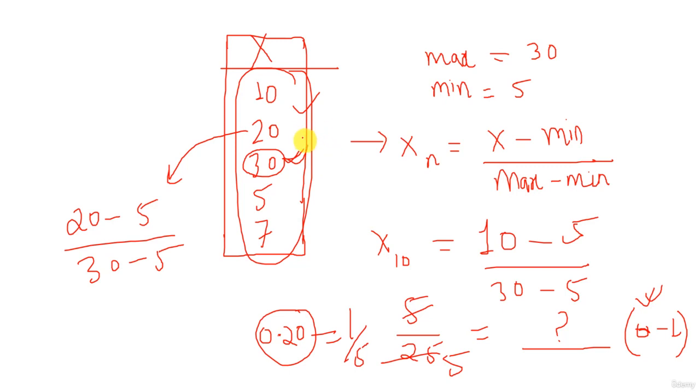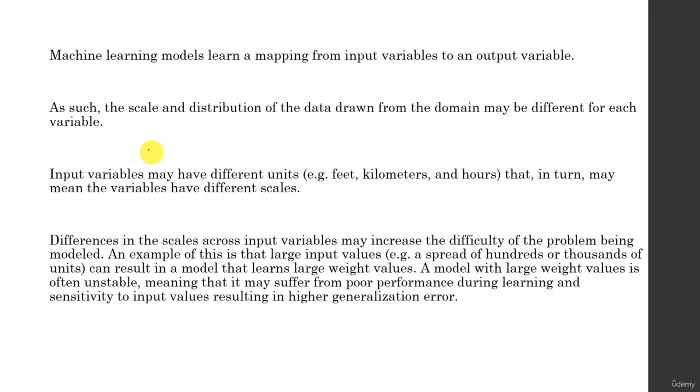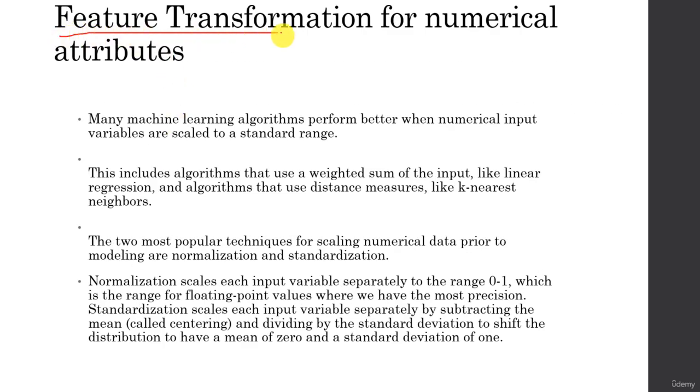So that is the reason we use this feature transformation technique, to convert any input data into a format of standard range. Many machine learning algorithms perform better when numerical input variables are scaled to a standard range.